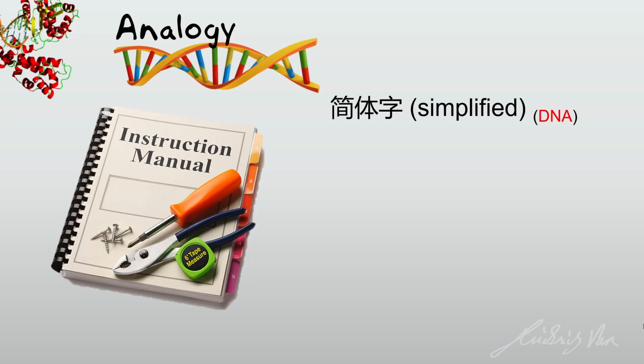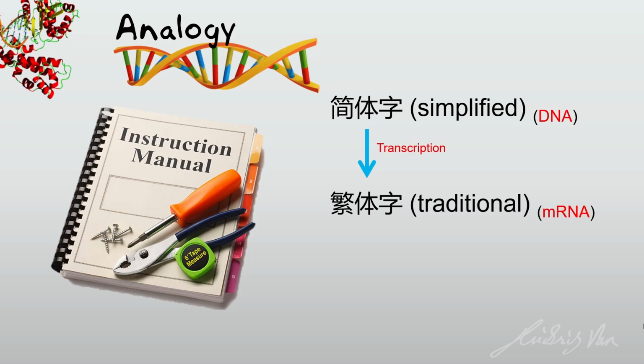So DNA is something like your simplified Chinese. Then DNA will undergo transcription into mRNA, which is like your simplified Chinese being rewritten as traditional Chinese. It is not a translation because both of them are still the same language, the Chinese language.